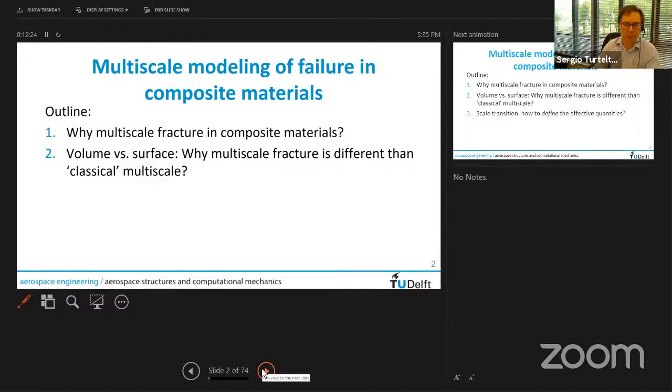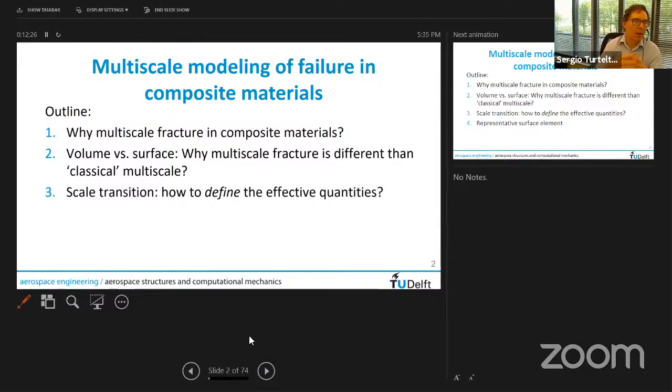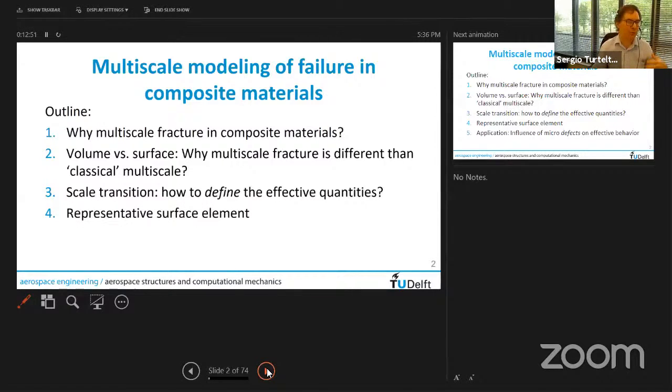That is going to lead me to a few new concepts in terms of how we define the macroscopic quantities, the so-called effective quantities, when we do the scale transition from the small scale to the large scale. And related to what people normally use in multiscale analysis, which is a representative volume element, I will argue that when it comes to fracture, we have to work with the notion of a representative surface element.